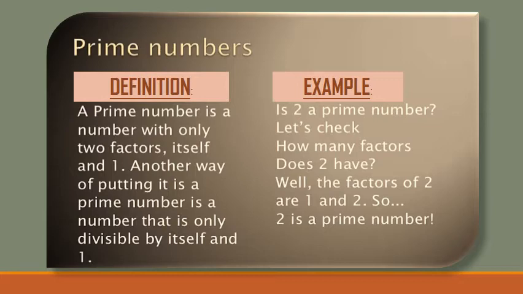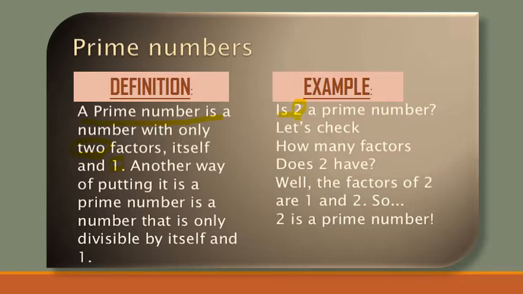A prime number is a number with only two factors, itself and 1. In other words, we can say that a prime number is divisible by itself and 1. Here is the example. Is 2 a prime number?